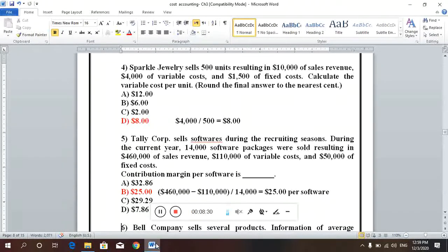This is the total contribution margin, $350,000.